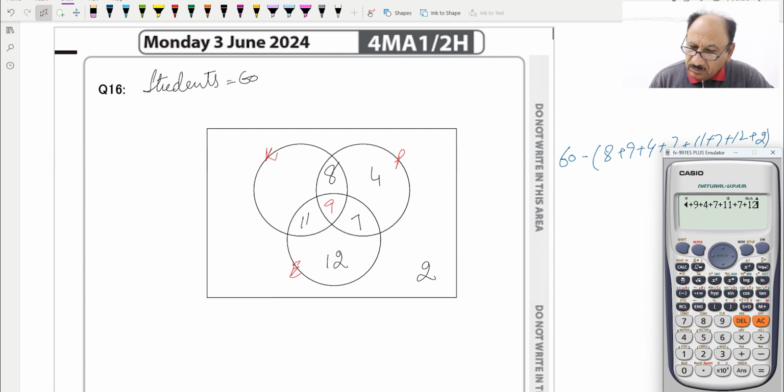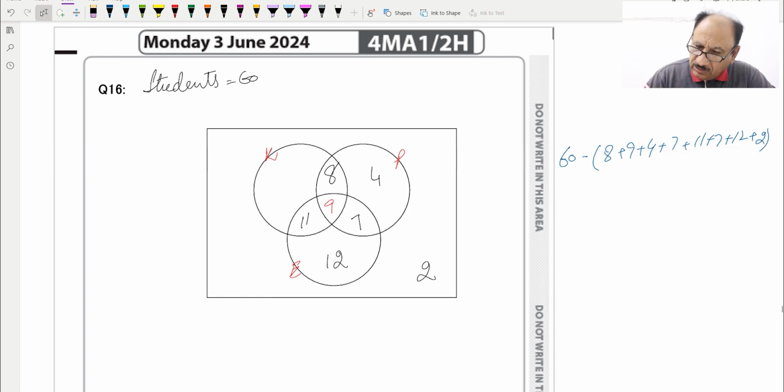I need to check again: 8, 9, 4, 7, 11, and this 7 is extra. I will erase this, and it will be plus 12 and 2, only this we have to take.